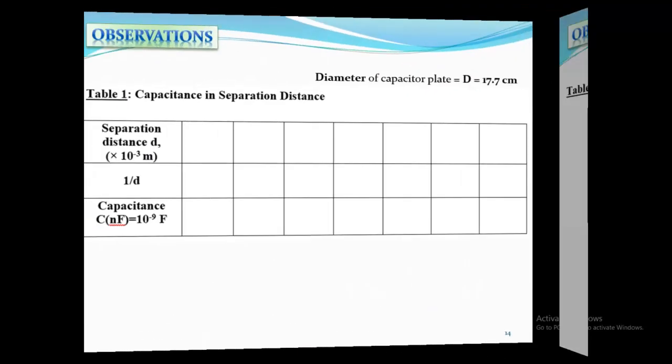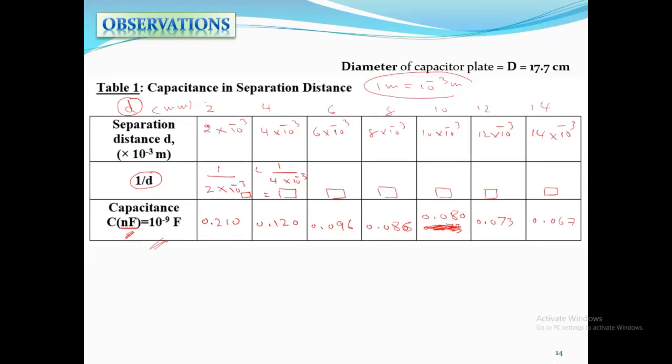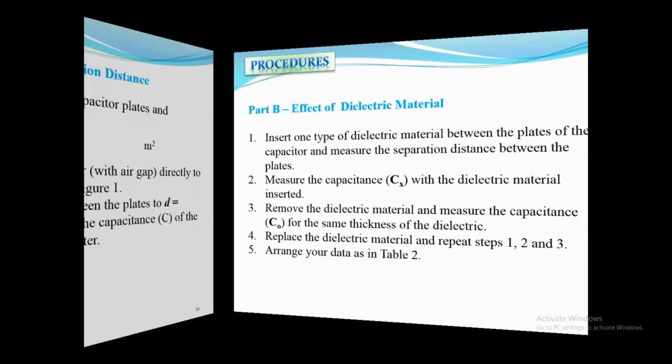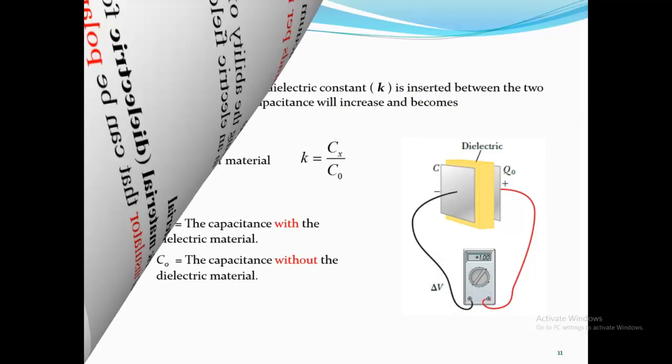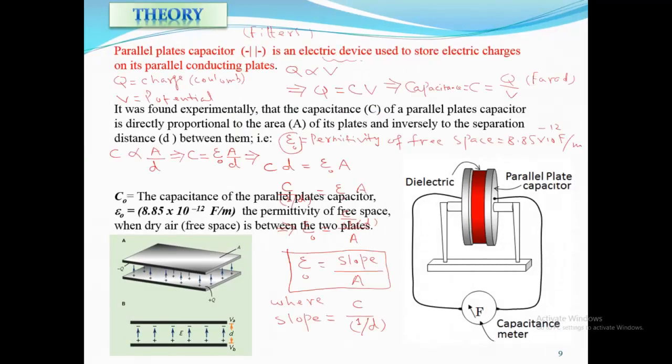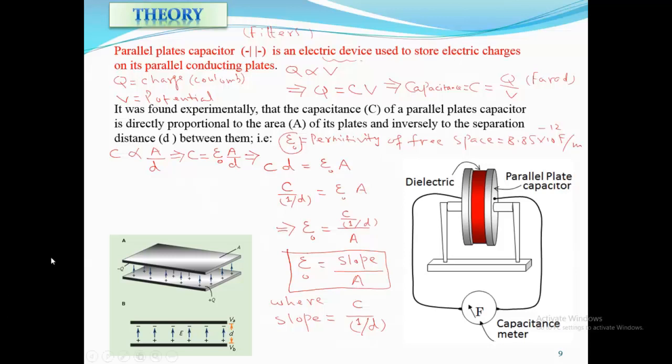And then you will draw a graph. As I told you, you need a graph where on this side you have 1 by d, and on this side you have C. If you go back to what I did with you, yes, this one, here is your slope.